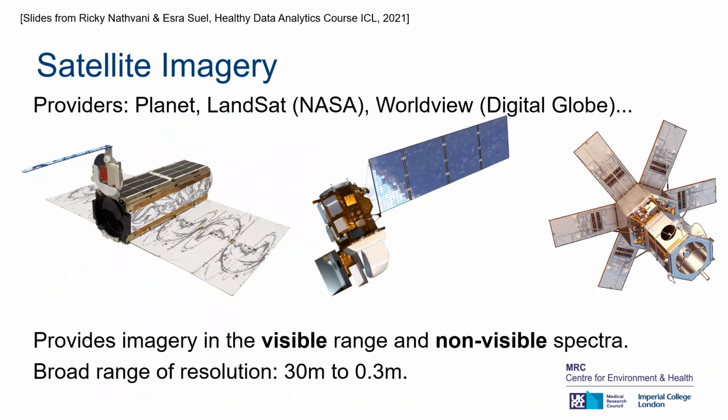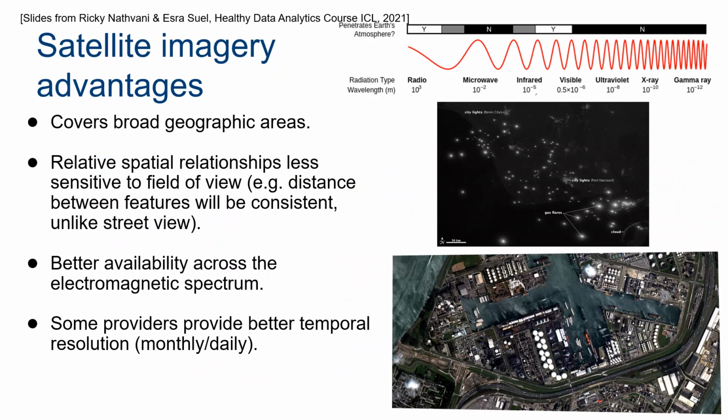Providers of satellite imagery include Planet, Landsat, or Worldview. These provide images that include the visible and non-visible spectra and are available in a broad range of resolutions from 30 meters up to 0.3 meters. The advantage of satellite images is that they cover broad and continuous geographic areas.